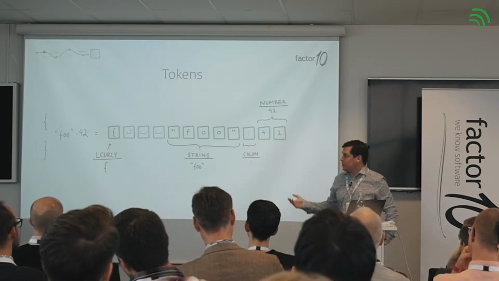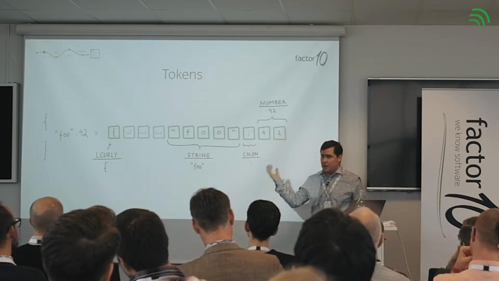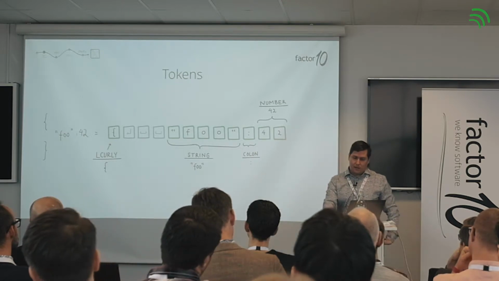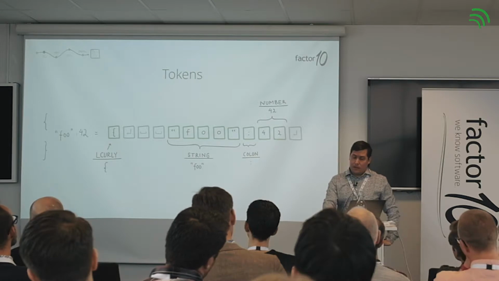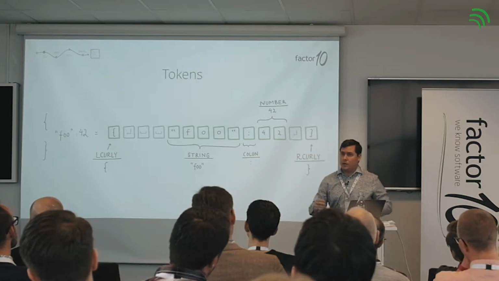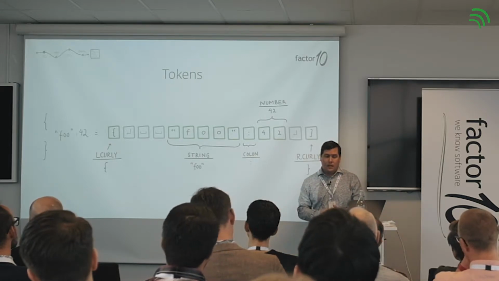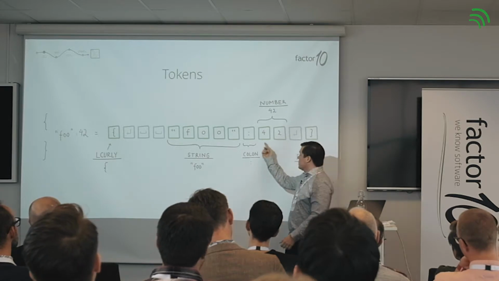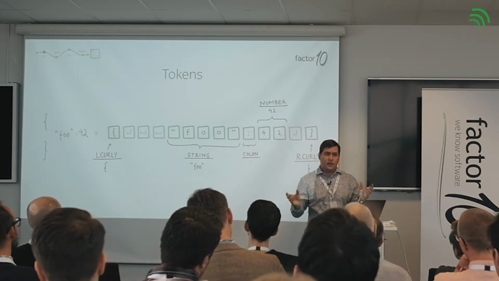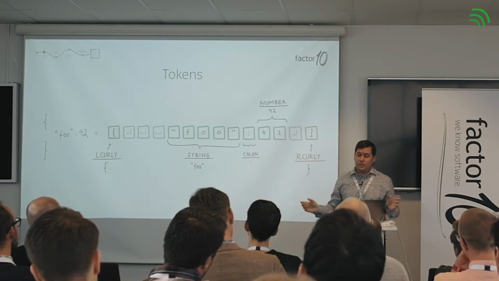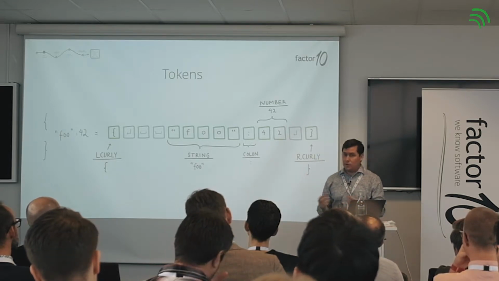And the number is 2 digits, but it's a number with 2 characters. Another insignificant character, which is a new line, and then we end it all with the right curly. These are called tokens, and what you need to do in a compiler is identify these tokens in your stream of characters, or in your source code, basically.